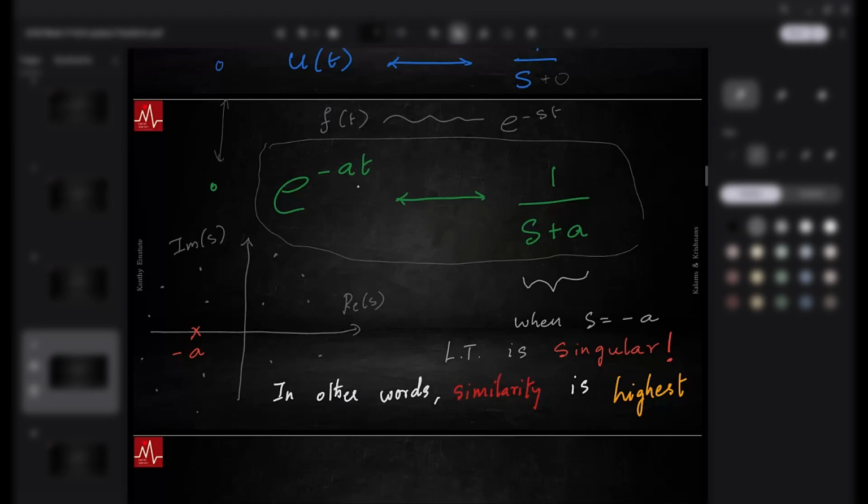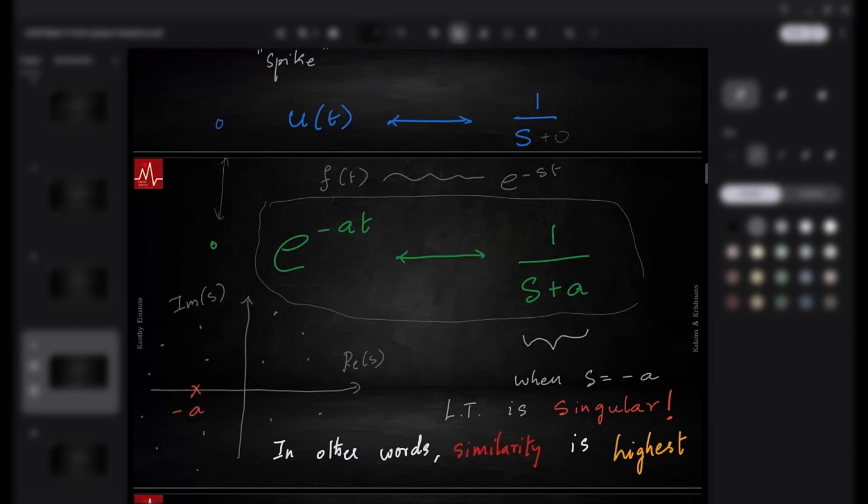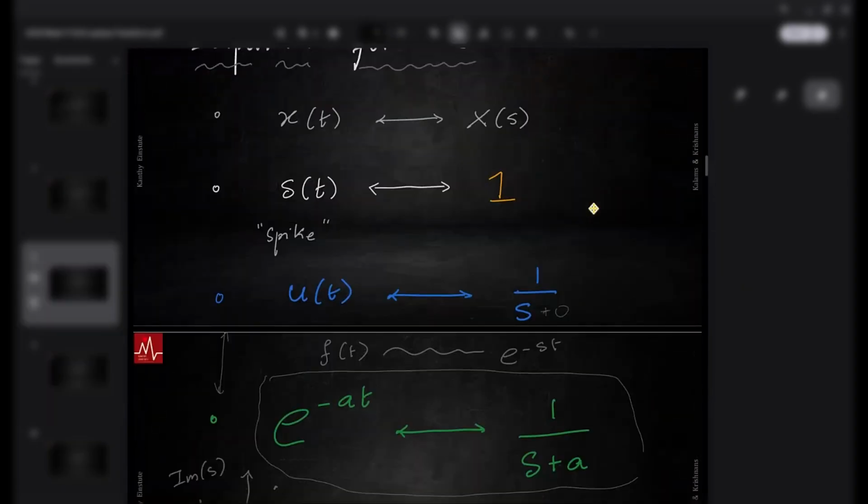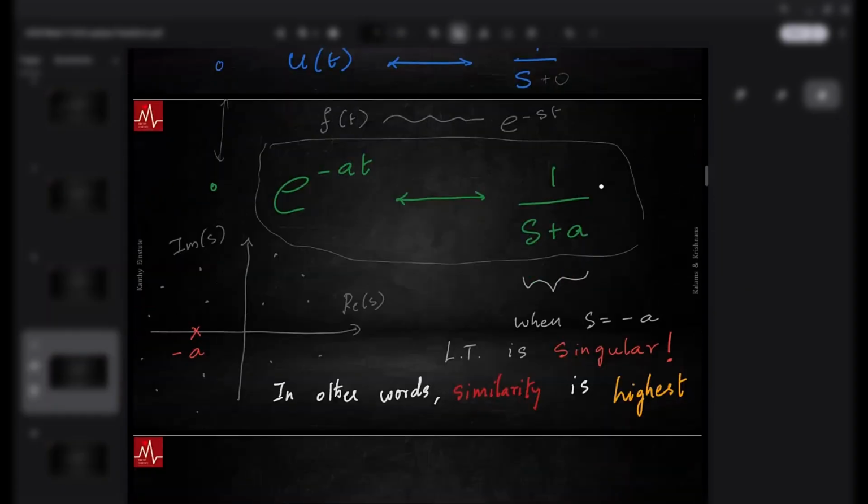You could make sense of this green boxed formula that way. Even otherwise, that is one detail you want to be able to recall. And technically, if you know that, you can also know the Laplace transform of u of t. So this is the most important formula that we'll need.